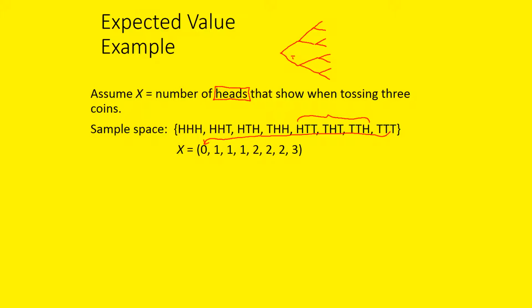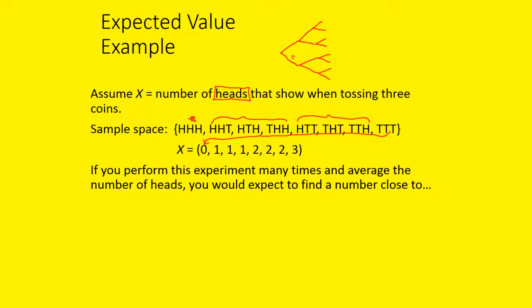Or it could be 2 heads if you get any of these 3 outcomes. Or you could get all 3 heads. Those are all of the values of the random variable big X.